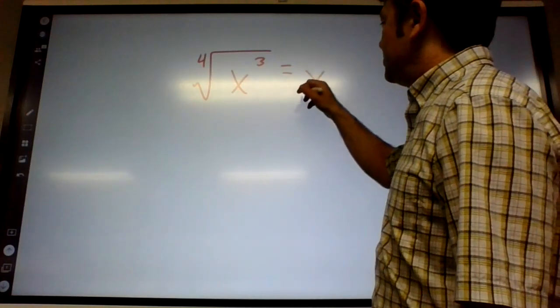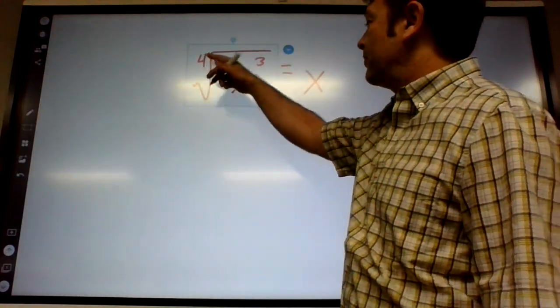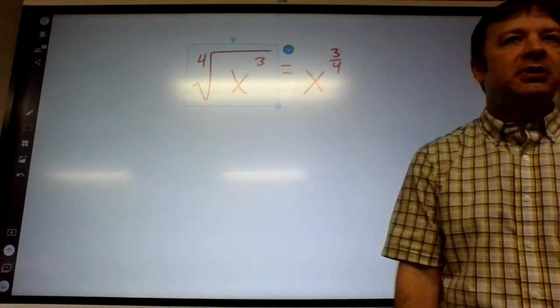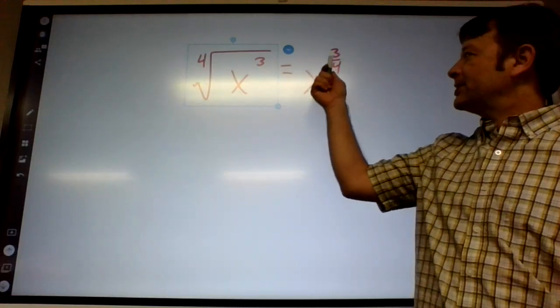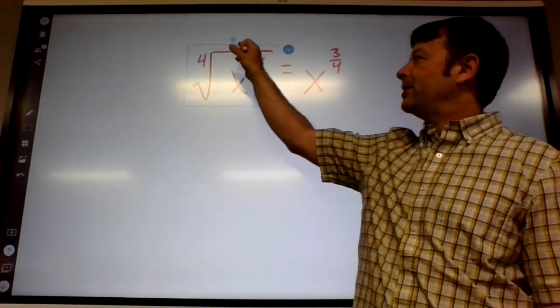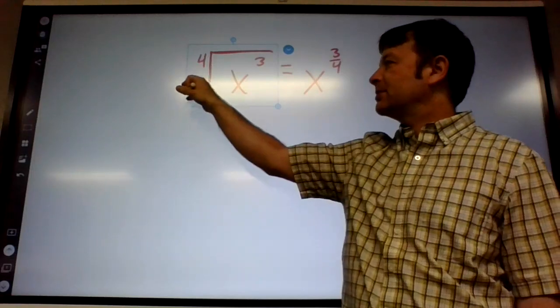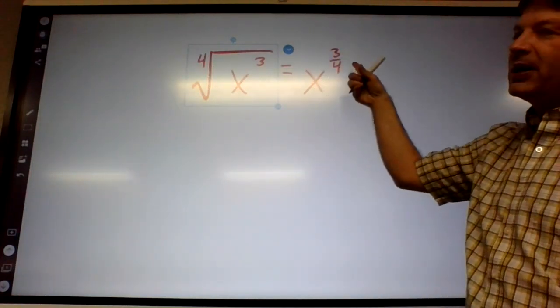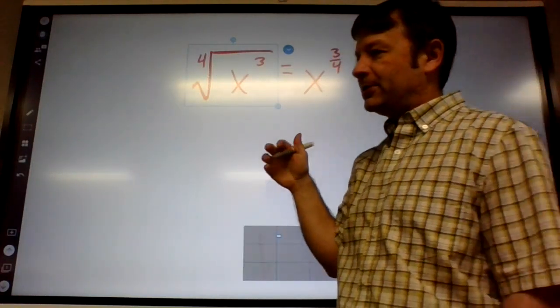It's x to the 3/4. So this would be rational exponent form. This is radical form. This symbol right here is called a radical because it's just so awesome. And then this is just rational exponent, like fraction exponent.